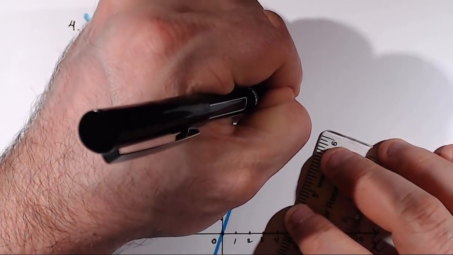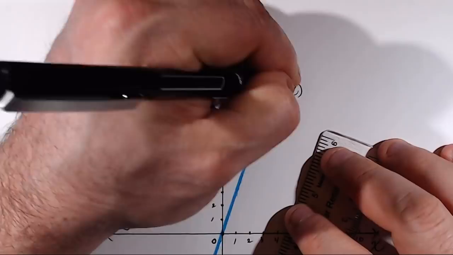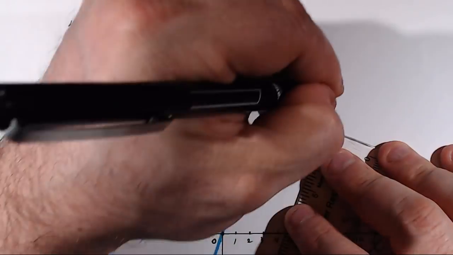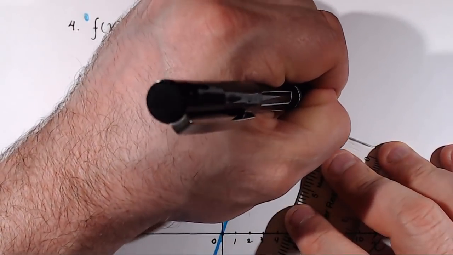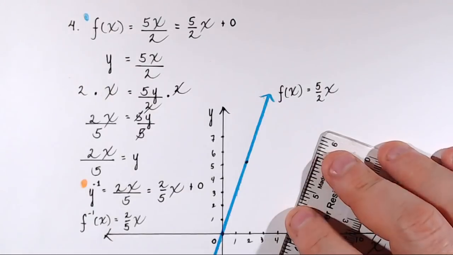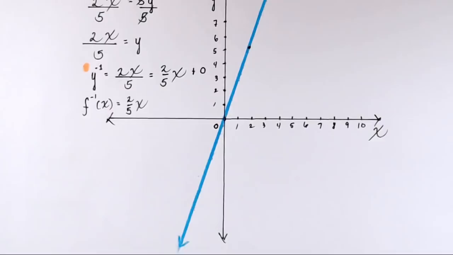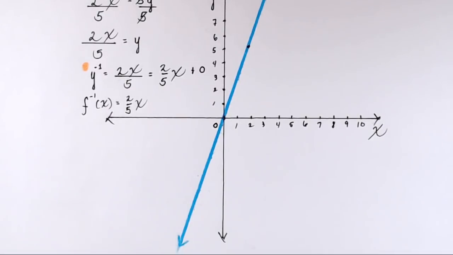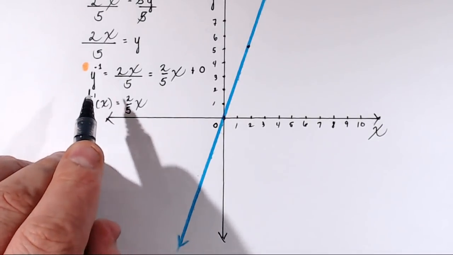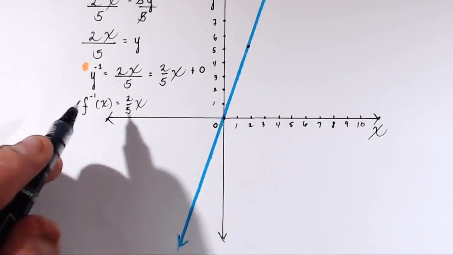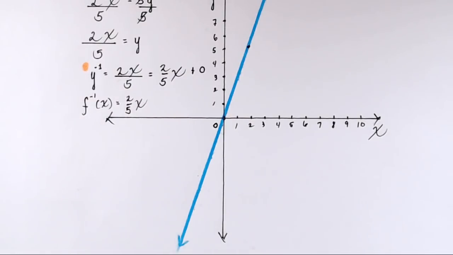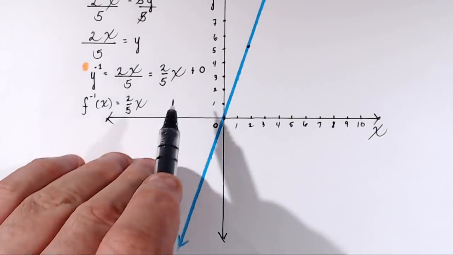So this was f of x equals 5 over 2x. Now we'll graph the inverse function. F inverse x equals 2/5 x. My rise is 2, my run is 5, and my y-intercept is 0.